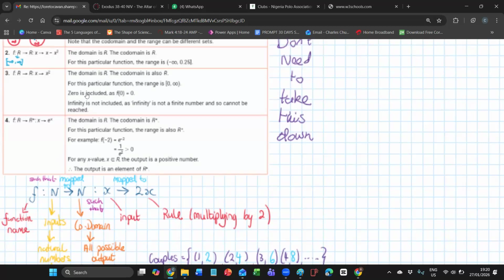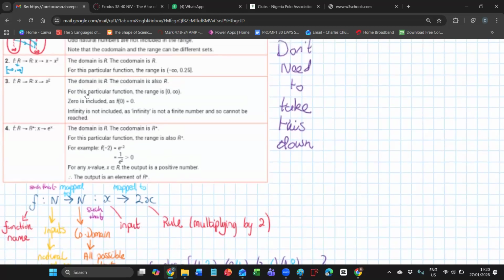Now can you see how they came up with what the range would be? I want you to look at this second example. The domain, of course, is real numbers, right? And that includes negative integers, positive integers, decimal numbers, and negative, positive, all in between.